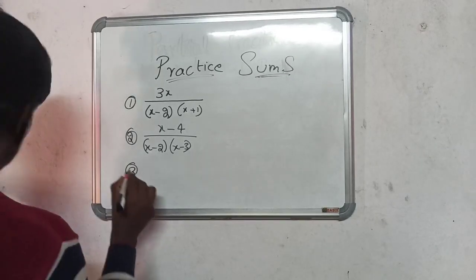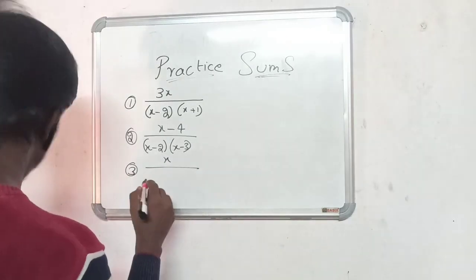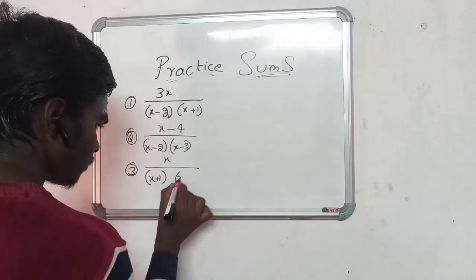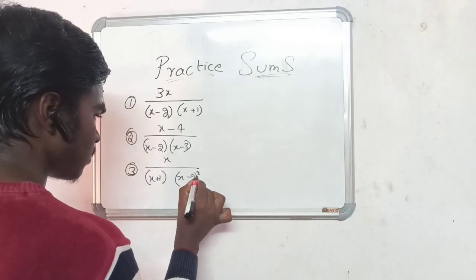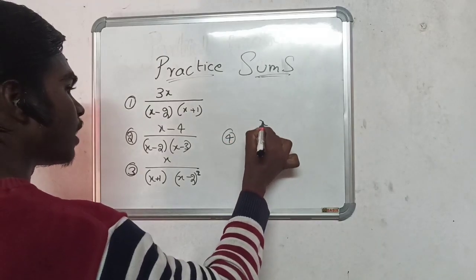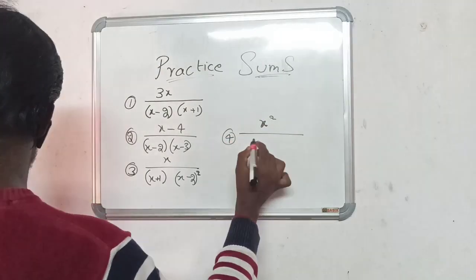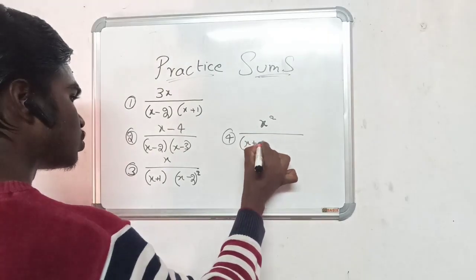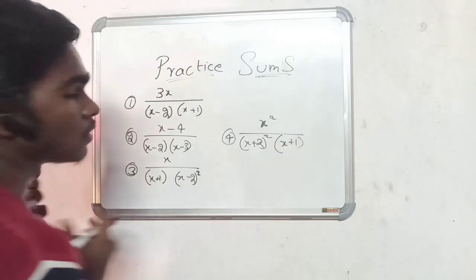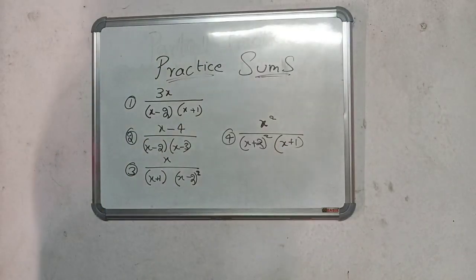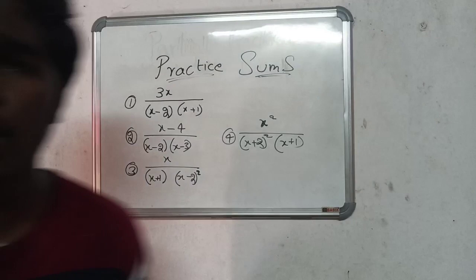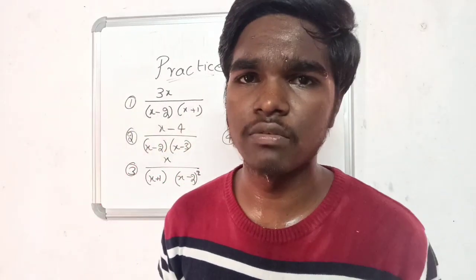Third sum: x by x plus 1 into x minus 2 whole square. And the fourth sum: x square by x plus 2 whole square into x plus 1. These are the 4 sums I am giving to you as the work, and I will say the answers in my next video.